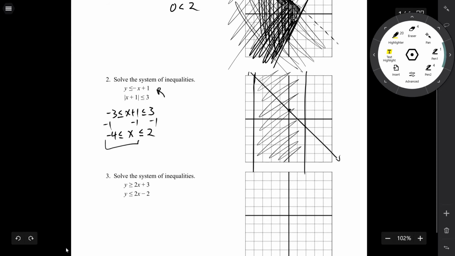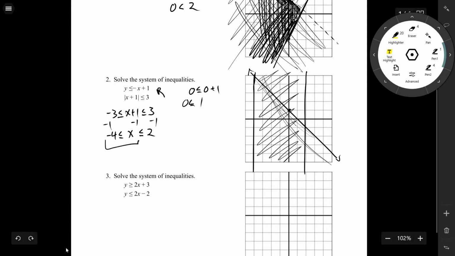Now we'll try a test point. 0 is less than or equal to 0 plus 1. Well, that checks out. 0 is less than or equal to +1. All right, so that means we're going to shade that side of this line.